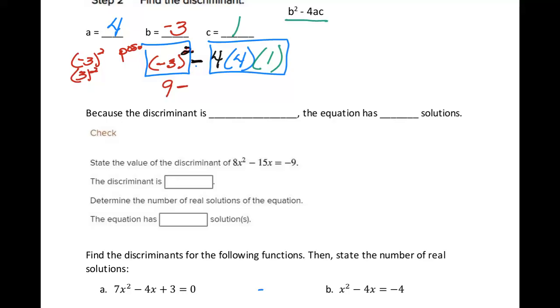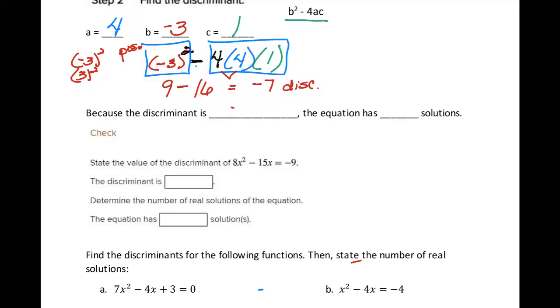Now, let's work with the second box. 4 times 4 is 16. 16 times 1 is still 16. So it is now 9 minus 16. That is a negative 7. That is your discriminant right there. Okay?